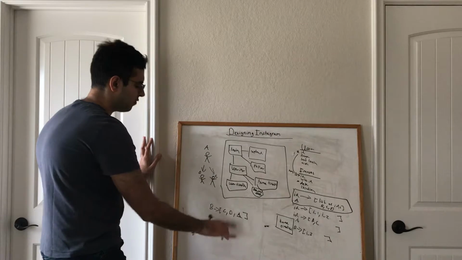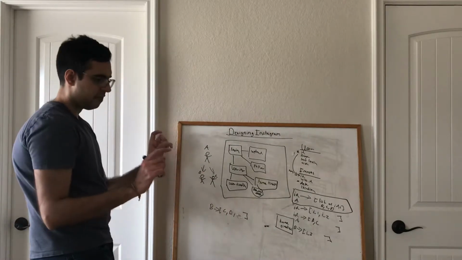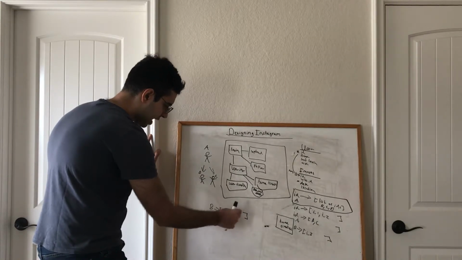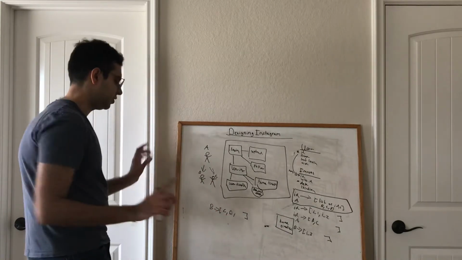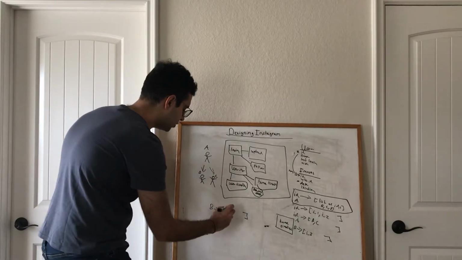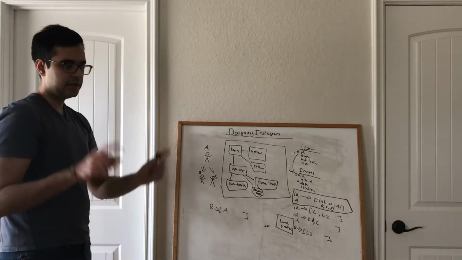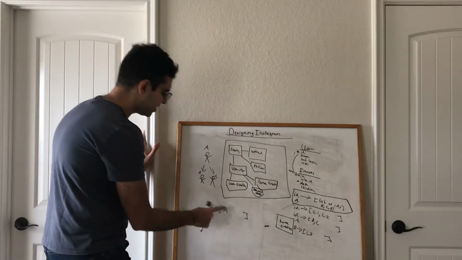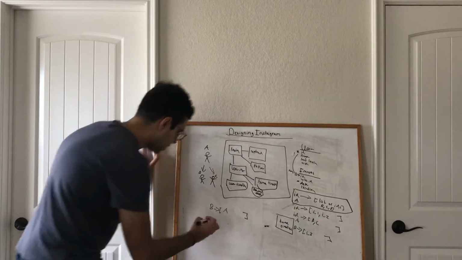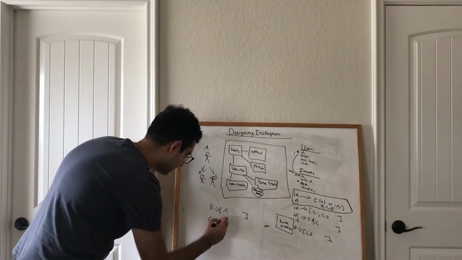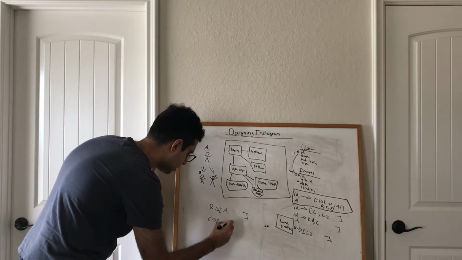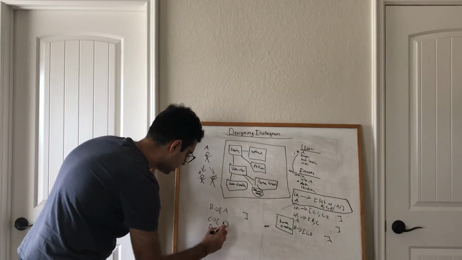But A is a high profile user, so we will not have A in this, or I misspoke. We'll only have A in this. Actually, that's what I meant to say. So we'll only have user A here, because this is a high profile user. But C and D will have this model that I talked about. So C will have B and D has B.